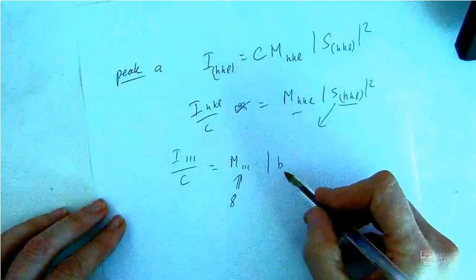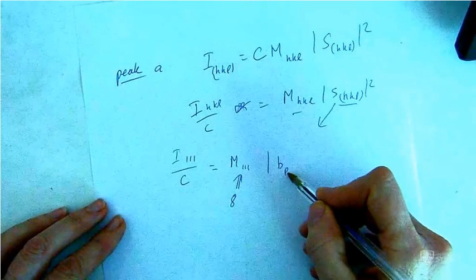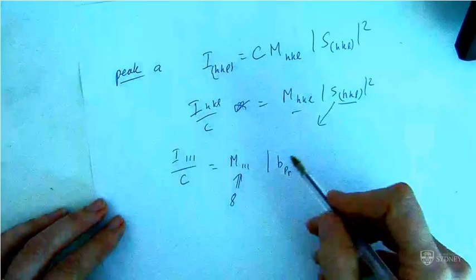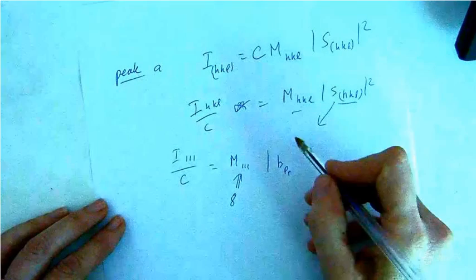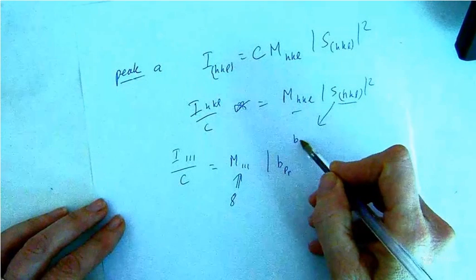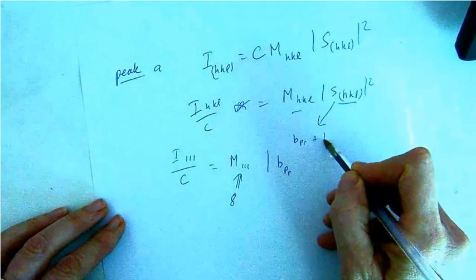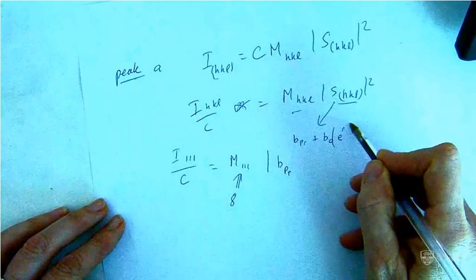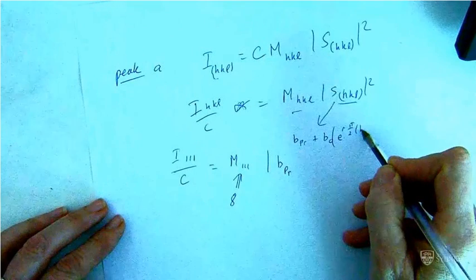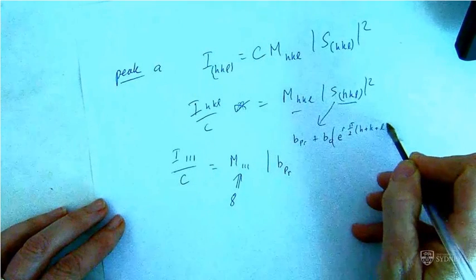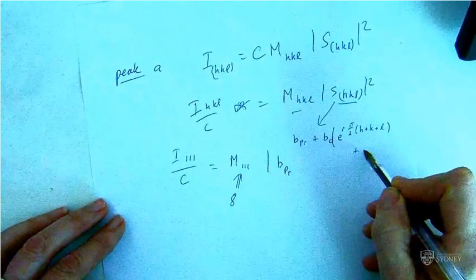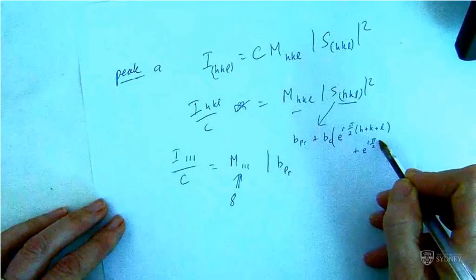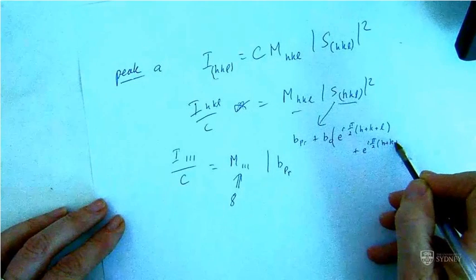That was at the origin, the praseodymium atom. Let's just write it out a bit more. Pr, remember we had b_0, then we had e to the i pi on 2 (h plus k plus l), and then plus e to the i pi on 2 (h plus k plus 3l).